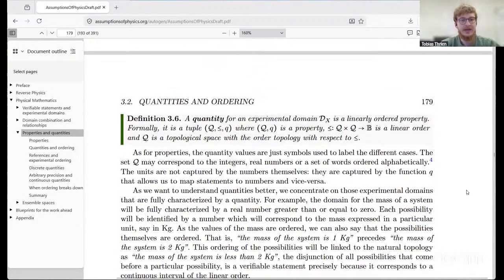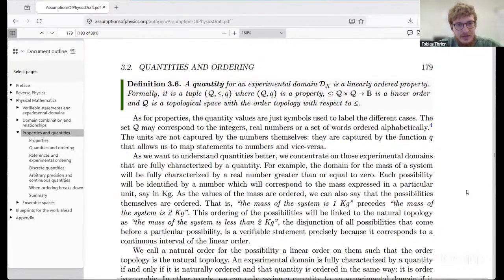Quite intuitive. A quantity for an experimental domain dx is a linearly ordered set. That's okay, definition, yes. Formally, it is a tuple where we just add the relation to the space.